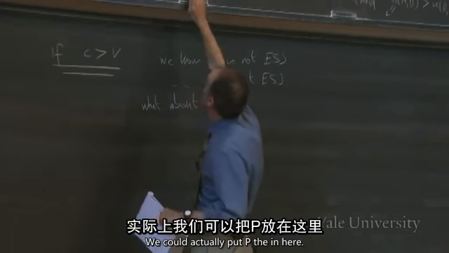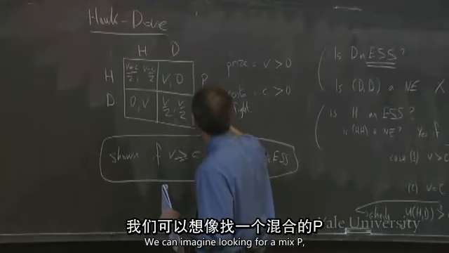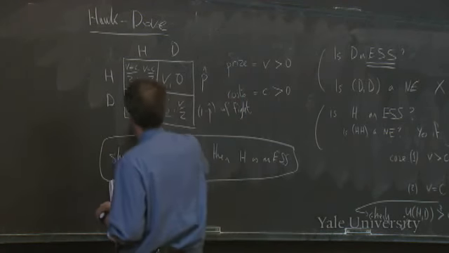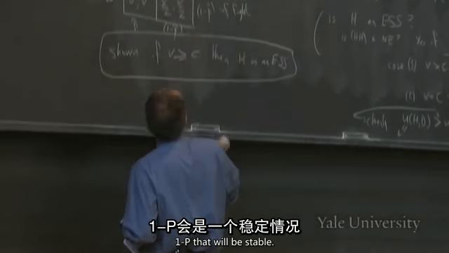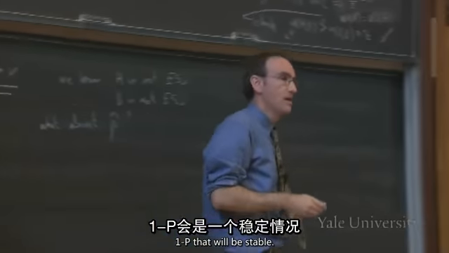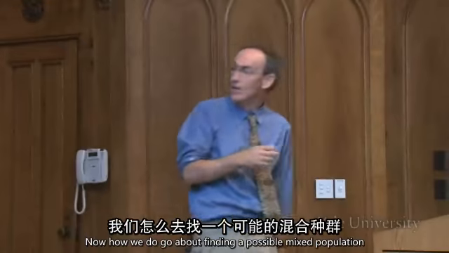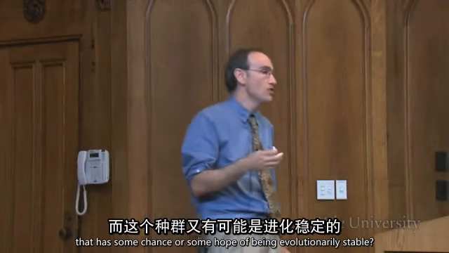All right, and we could actually put the P hat in here. We can imagine looking for a mix P hat, 1 minus P hat, that will be stable. Now, how do we go about finding a possible mixed population that has some hope of being evolutionarily stable?